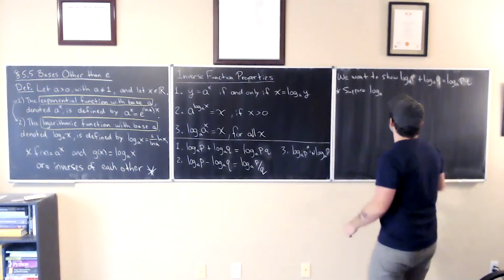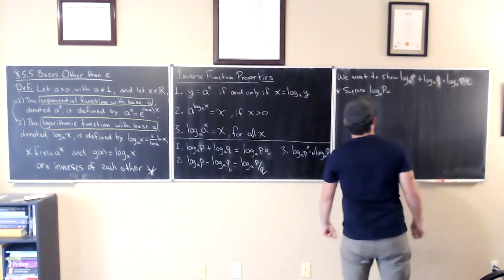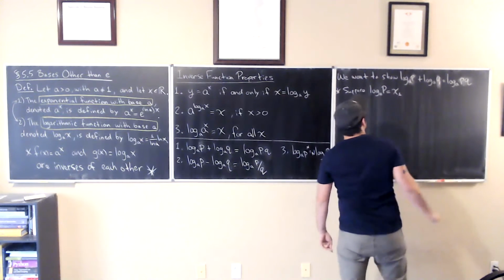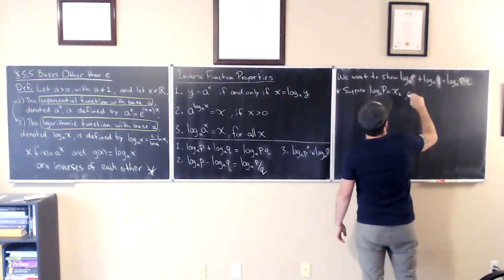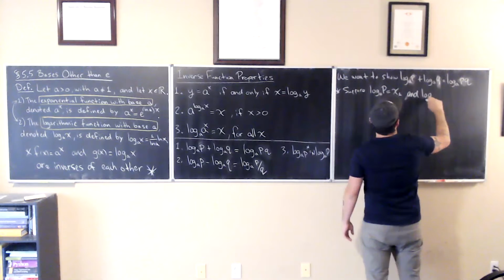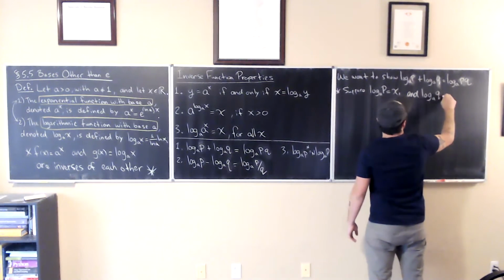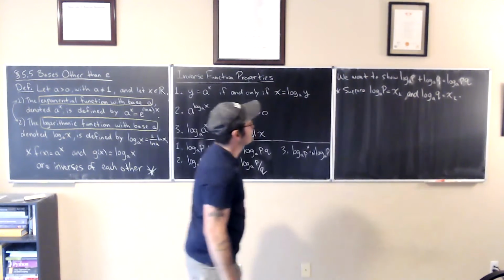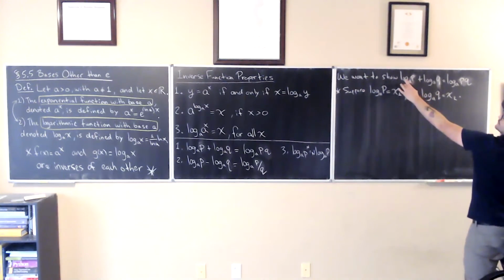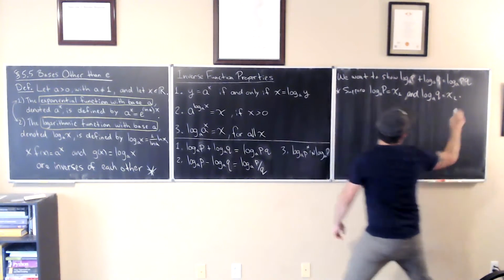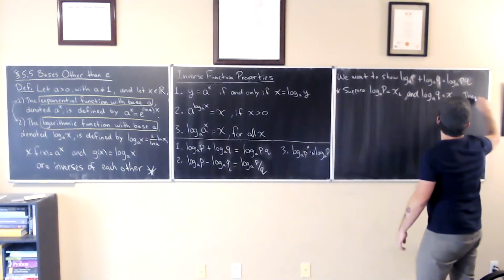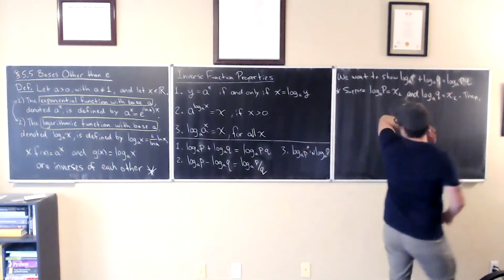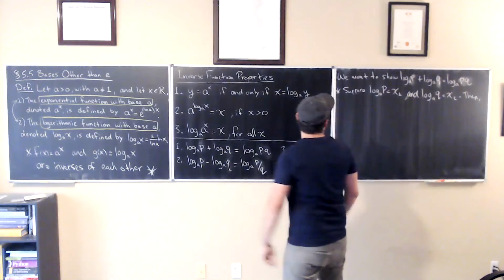So suppose log base A of P is equal to X1, and log base A of Q is equal to X2. So then this is X1 and that's X2. Then we want to look at this sum somehow. We have to get there.